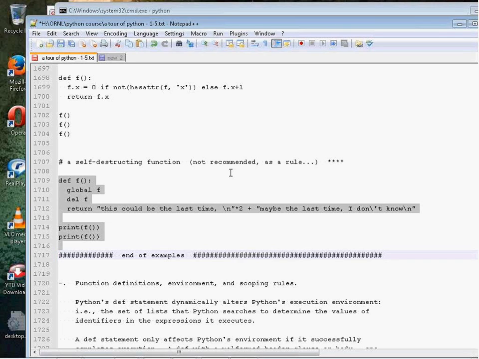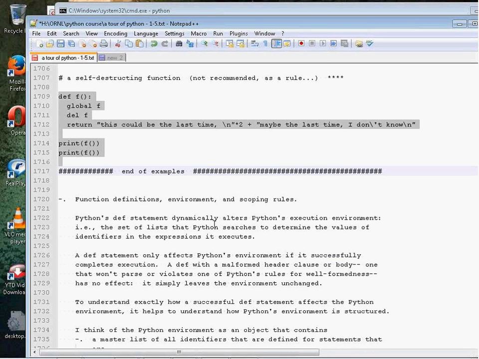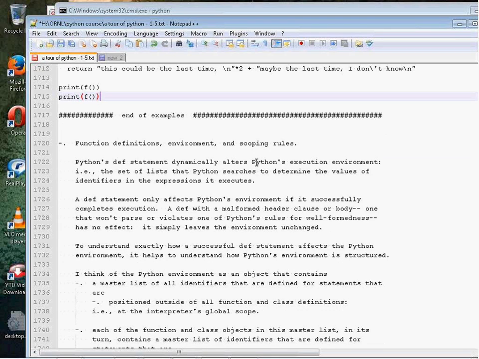Does anybody have any questions before I go on to discuss scoping in Python? So, in compiled programming languages, scoping is fairly straightforward, mainly because you have to declare variables before you use them.